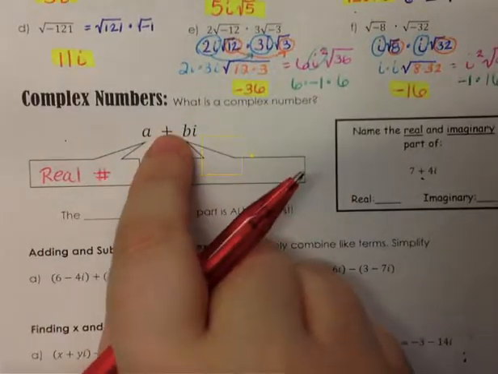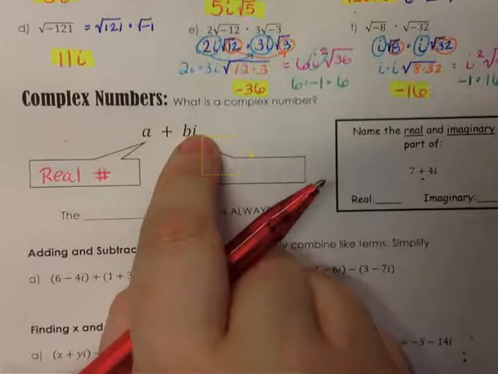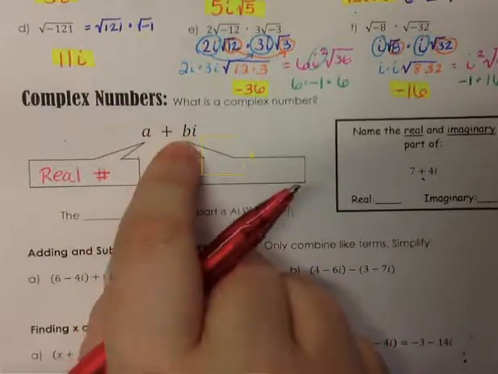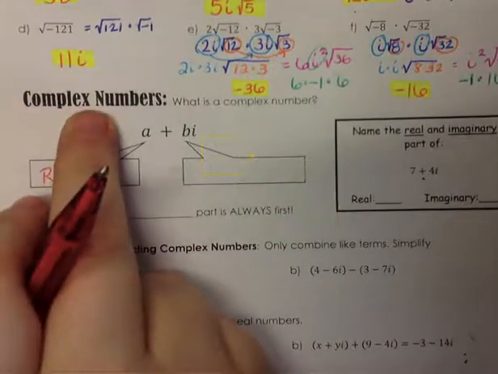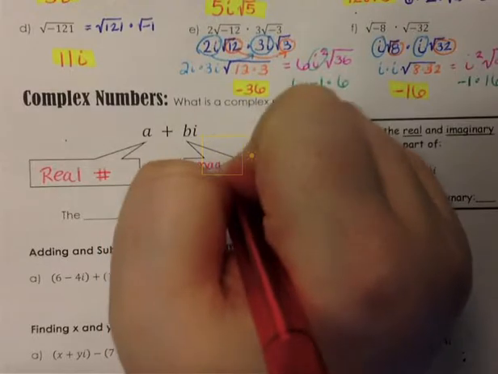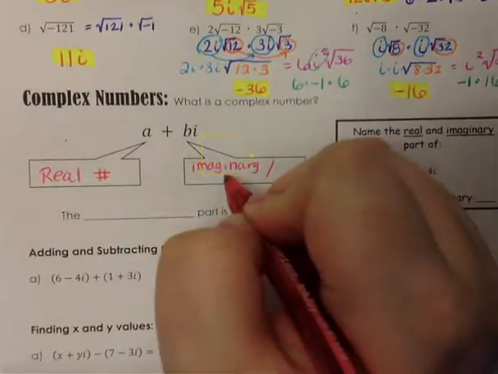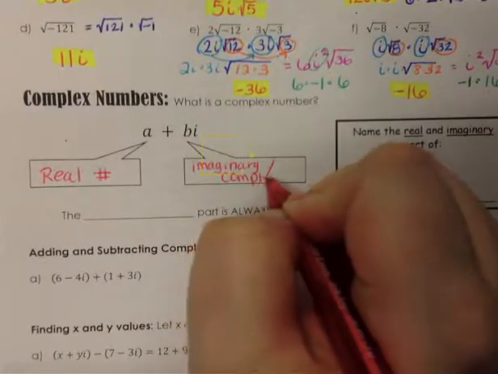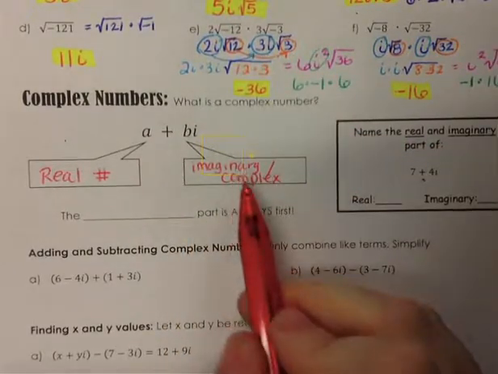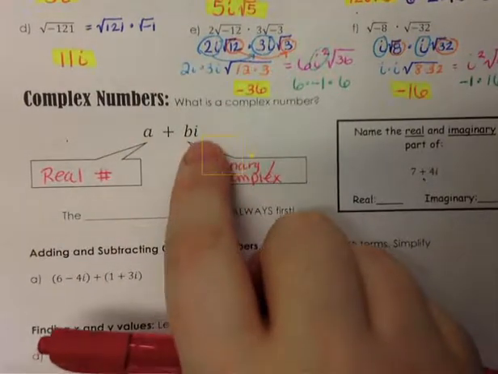So plus bi. Because it is attached to the i, this is where we get the imaginary part from, which is what we call the complex part. You might see either one of these words, imaginary or complex, because it's attached to the i.